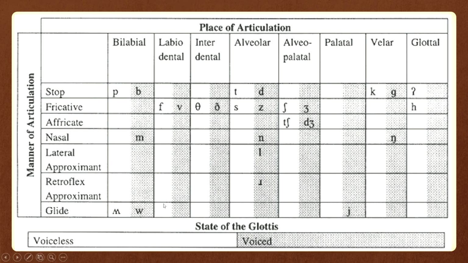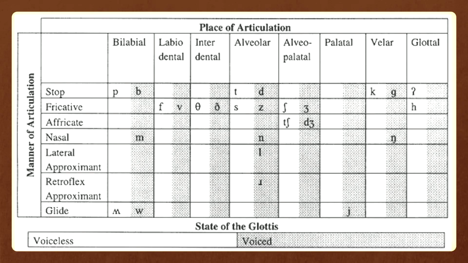We have a handful of other sounds down here that I want to distinguish from these consonants up top. These consonants up top are really great examples of consonants where we obstruct air in our mouth, and that's how we make a sound. And there can be some complexities.